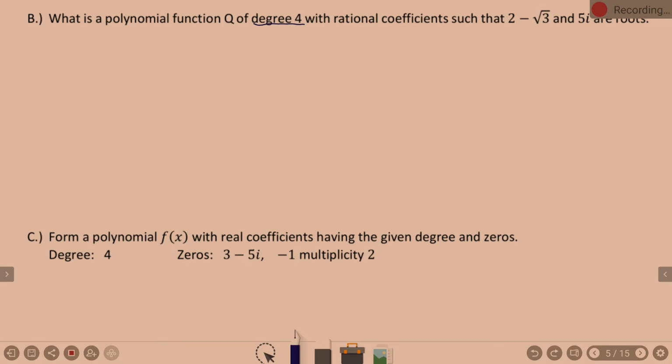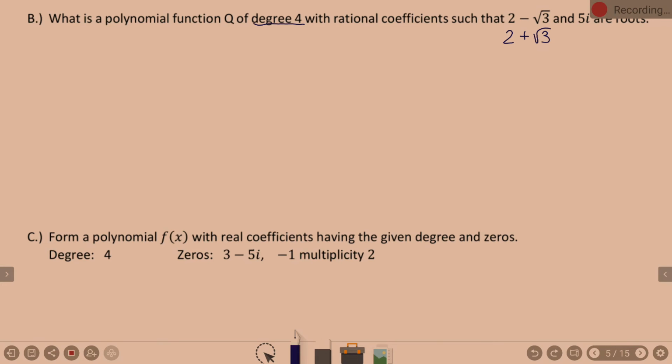It says degree 4, so how many zeros should I expect, or how many roots should I expect? 4. How many did they give me? 2. If they give me 2 minus the square root of 3, that's an irrational root.